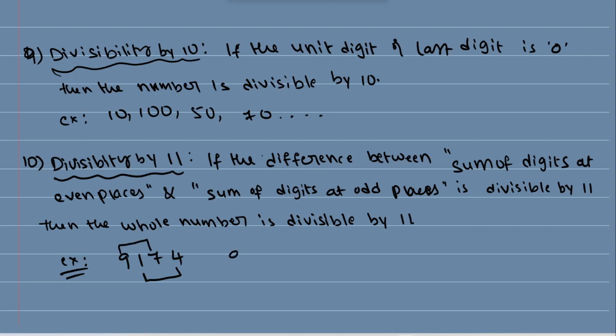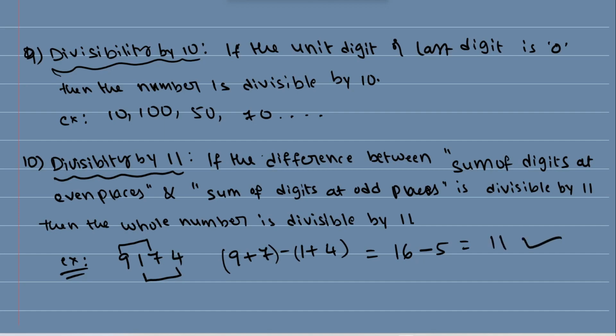Okay, sum them up, difference, sorry. 9 plus 7 is 16, minus 1 plus 4 is 5. 16 minus 5 is 11.